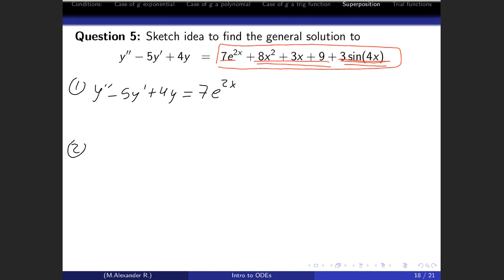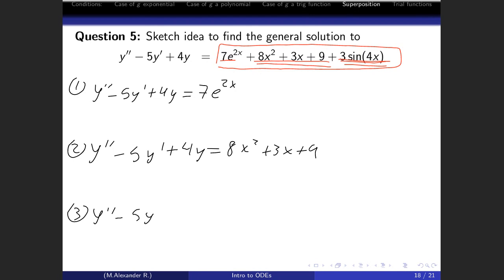Second problem, you get the same differential equation, and now you make it equal to your polynomial, 8x squared plus 3x plus 9. And the third problem that you're going to create is the same differential equation, y double prime minus 5y prime plus 4y is equal to your trig function 3 sine 4x.